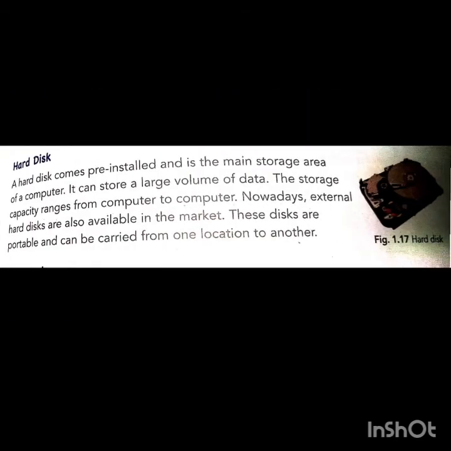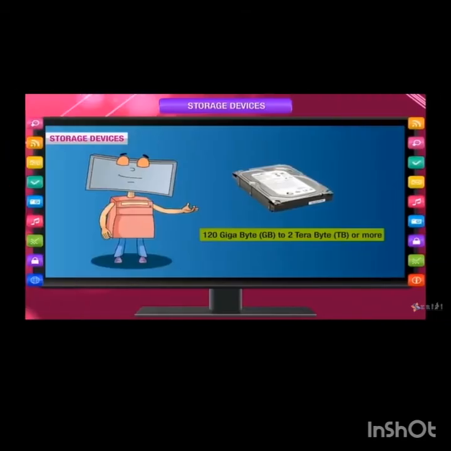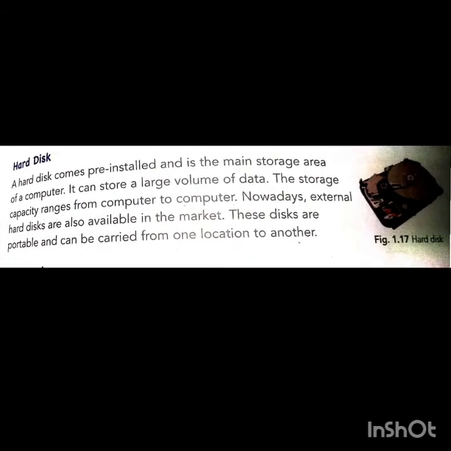A hard disk comes pre-installed and is the main storage area of a computer. All the data in the computer is stored in the hard disk. It can store a large volume of data. The storage capacity ranges from computer to computer. Different computers have different storage capacity of hard disk.